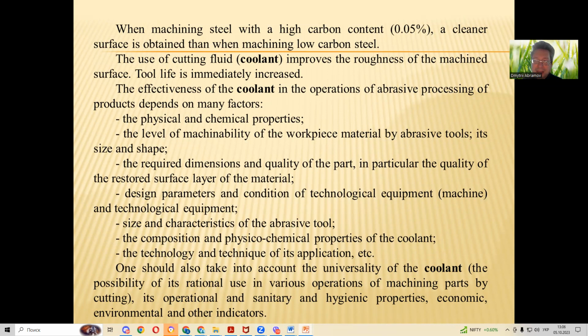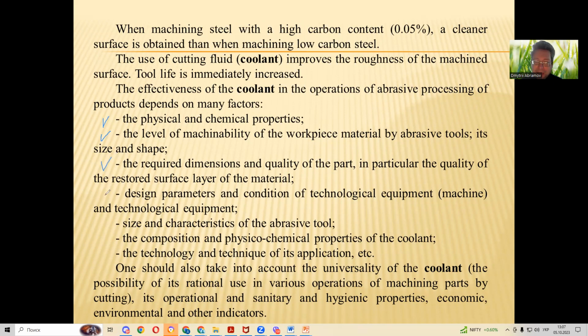The physical and chemical properties, the level of machinability of the workpiece material by abrasive tools, its size and shape, the required dimensions and quality of the part, in particular the quality of the restored surface layer of the material.